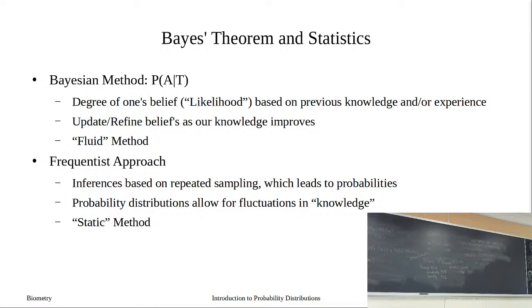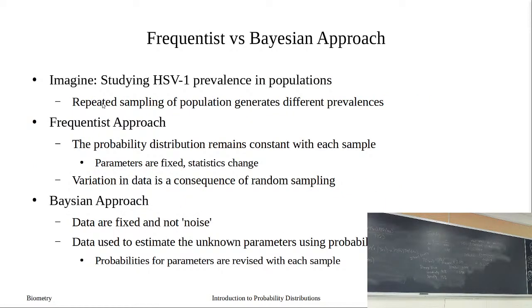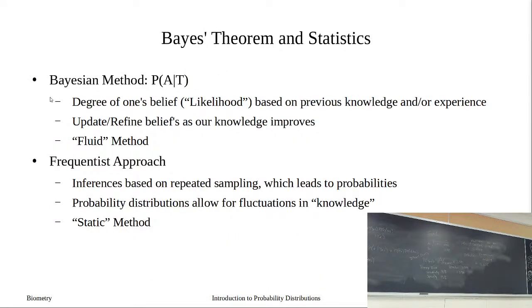So let me repeat this slide again, just to bring it back to: this is our frequentist approach, or this is the Bayesian approach. All right. And I give another example, and I think we went over these earlier on. Questions? I think we're going to stop here.